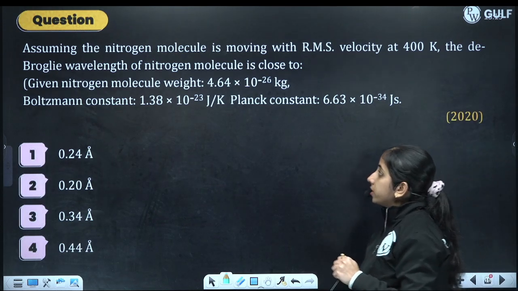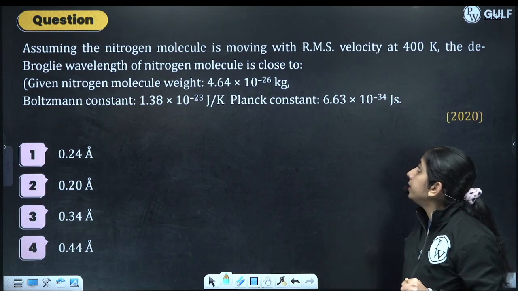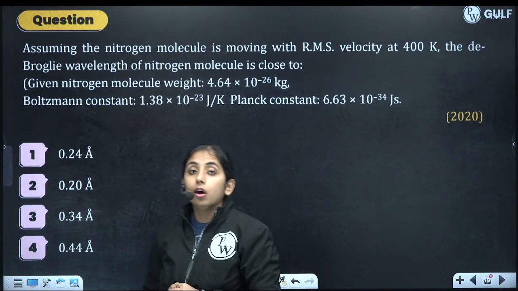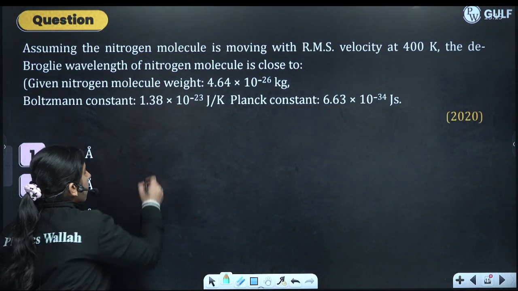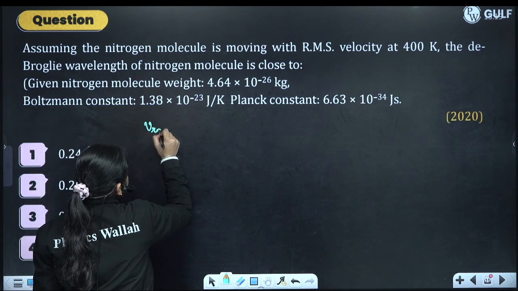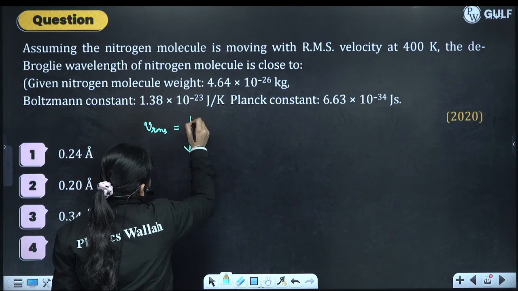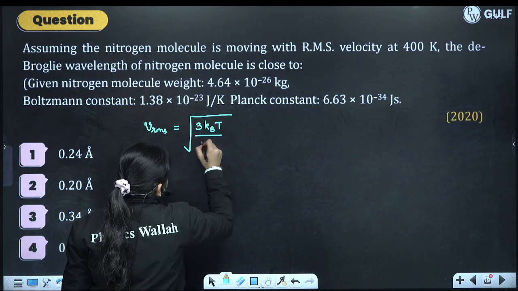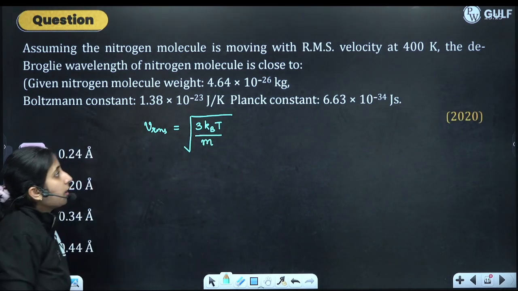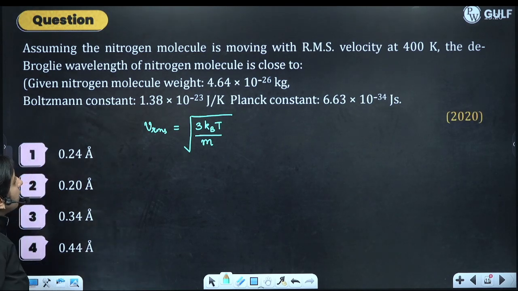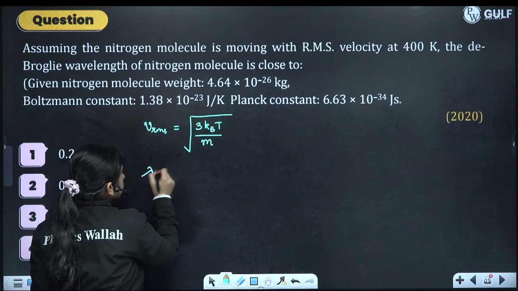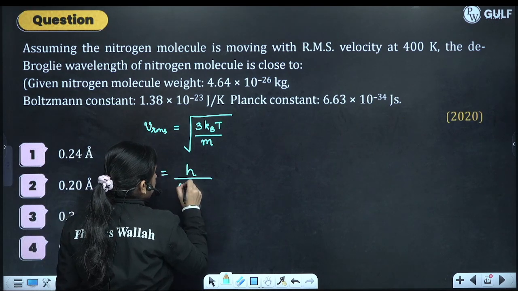Now see next question. Assuming nitrogen molecule is moving with RMS velocity at 400 Kelvin. So what is VRMS? VRMS is equal to under root of 3 kBT by m. The de Broglie wavelength is close to, we have to find the de Broglie wavelength. So de Broglie wavelength is h by mv.